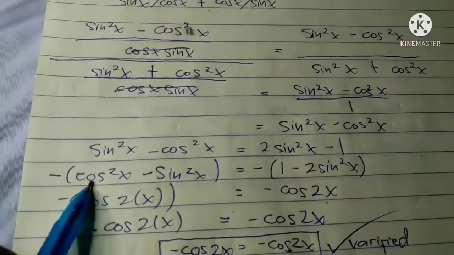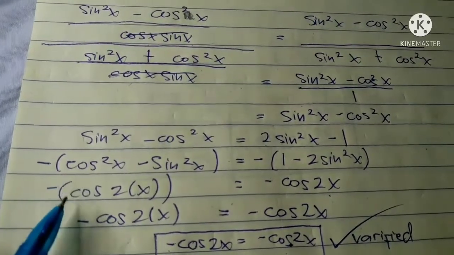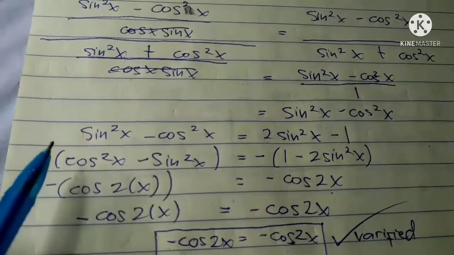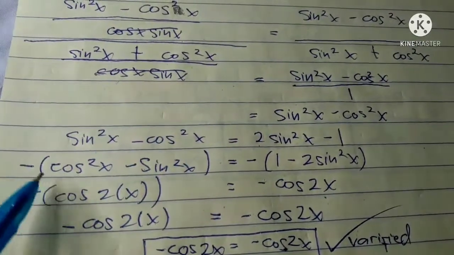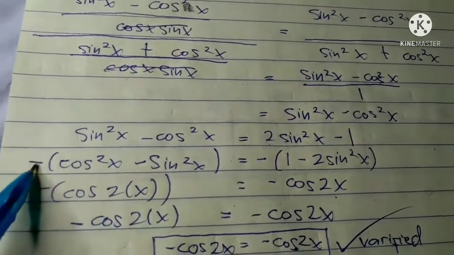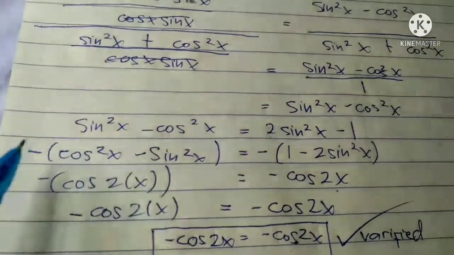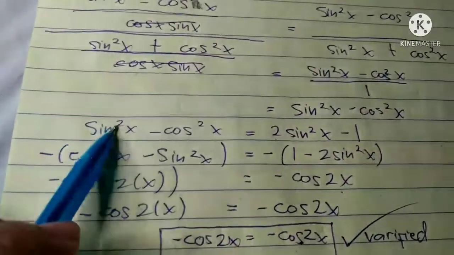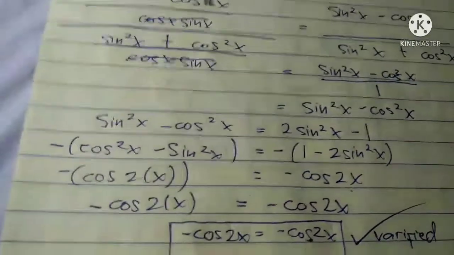We have here now, wait, we need to put negative outside because cosine is negative and our sine is positive, so we just reversed it.